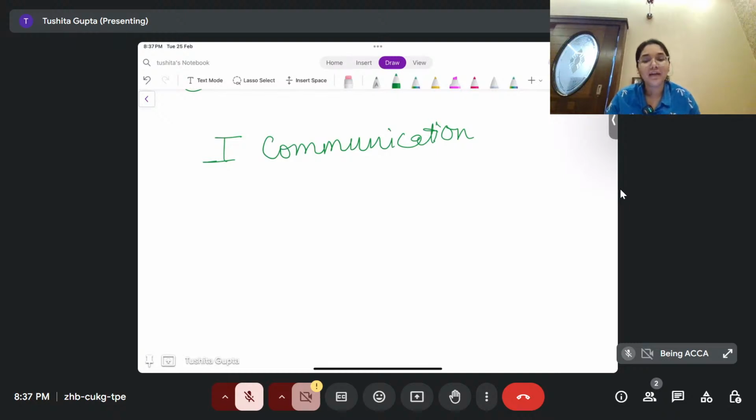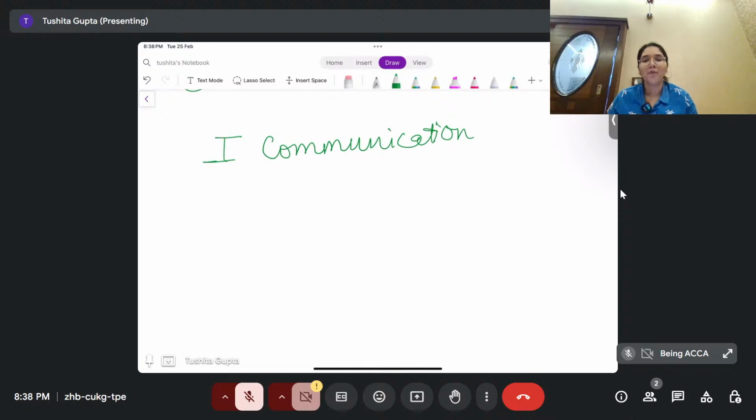Now, Siddhi, if we are just talking about it in the general language, communication can be both formal and informal, can be professional, may not be professional. So communication as a whole means being able to convey what you feel about something, being able to express, being able to tell the other person what you think about something. This is what communication means.